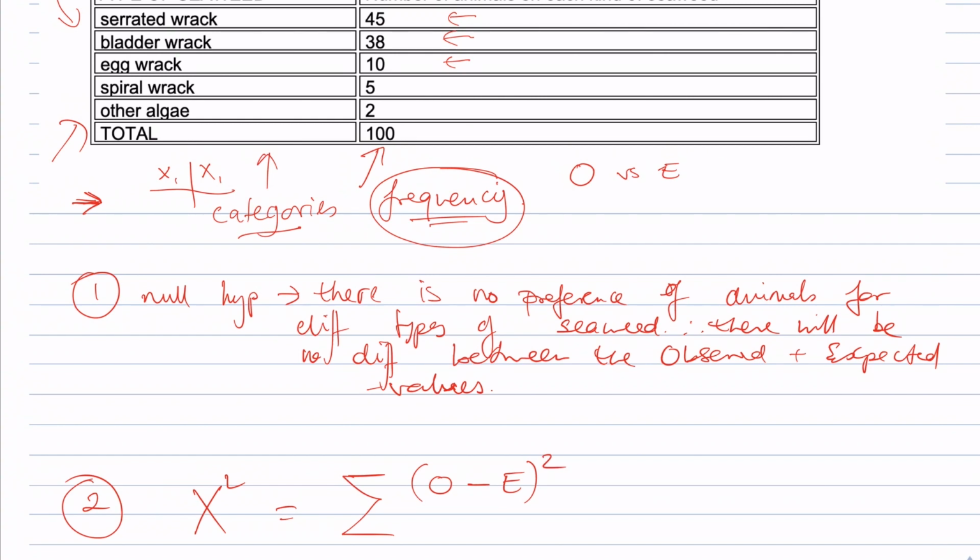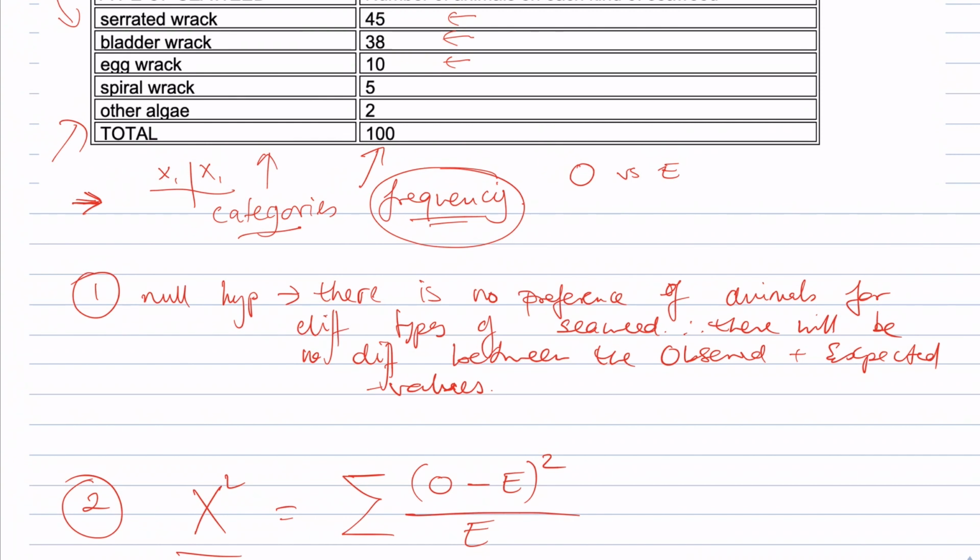Each difference is squared, and once each difference is squared, it is divided by the expected value, and then each of those is added together, and that gives us the chi-squared test statistic. Let's proceed with that.